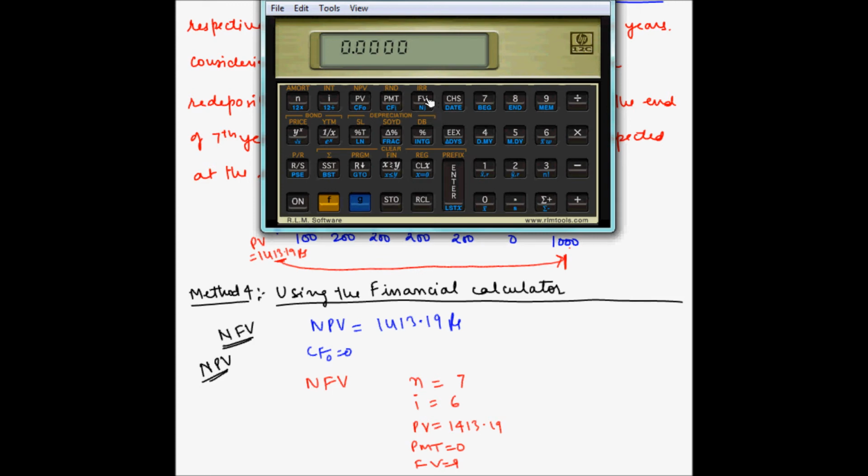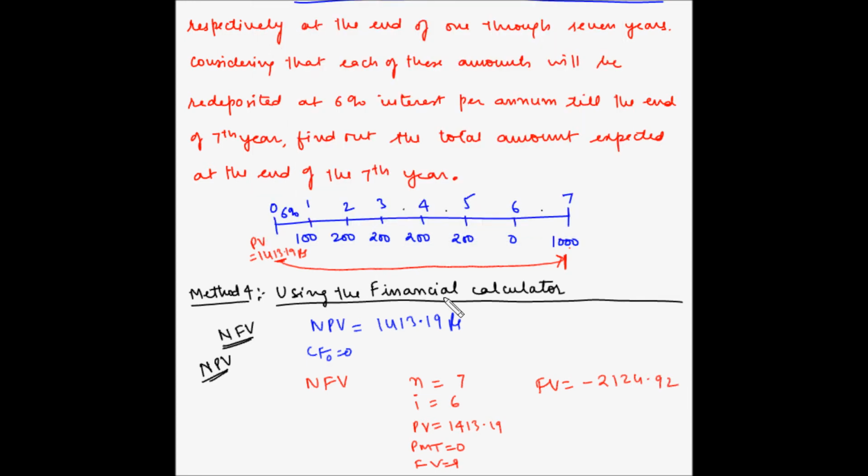So we'll click on FV. So the future value comes out to be minus 2124.92.